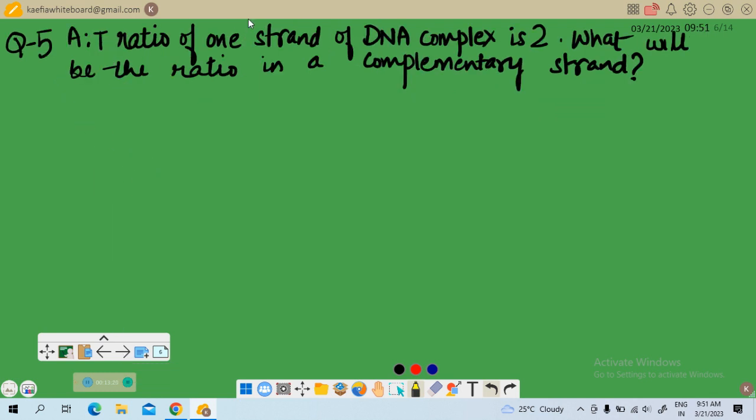A by T ratio of one strand of DNA is 2. What will be the ratio in a complementary strand? So A by T ratio they are saying is 2, that means 2 over 1. So A is 2, T is 1. So okay, this is 2 ratio 1. Now coming to its other strand, complementary strand.